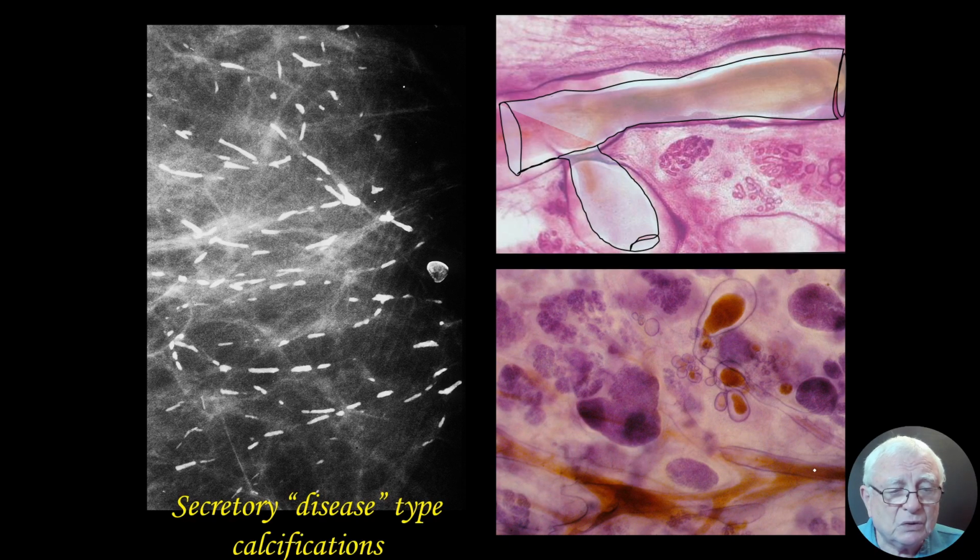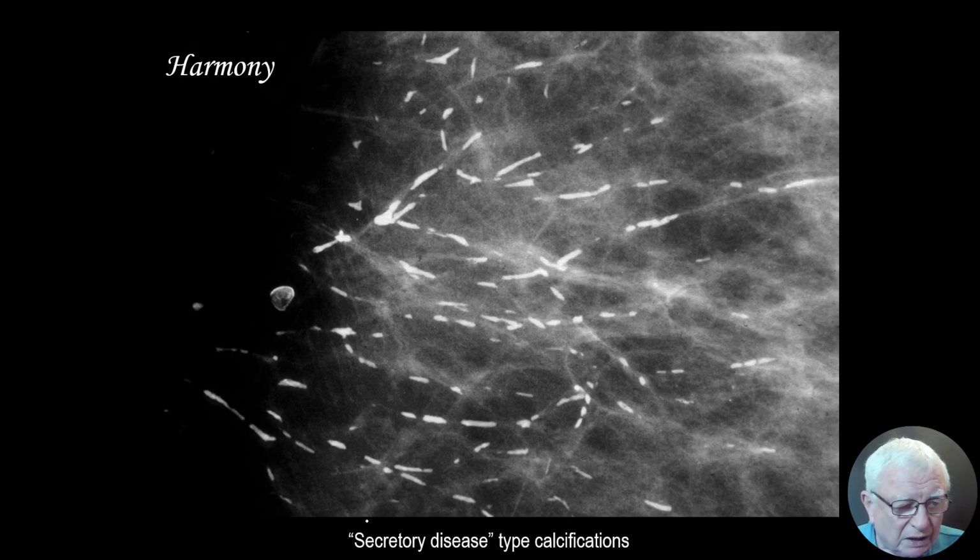What do you think it's going to look like on a mammogram? That's it. We call it secretory disease. Now, unfortunately, it's not a correct term. It's not a disease, but it's one of the hyperplastic breast changes. Apocrine metaplasia, cysts, duct ectasia, very nicely demonstrated on the mammogram.